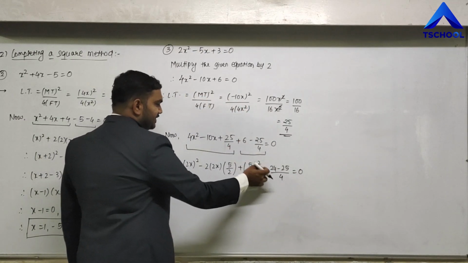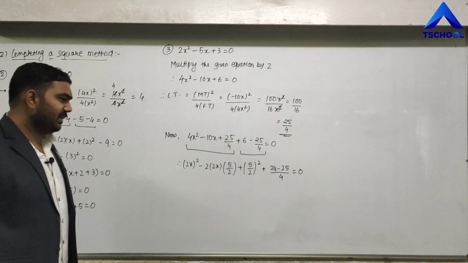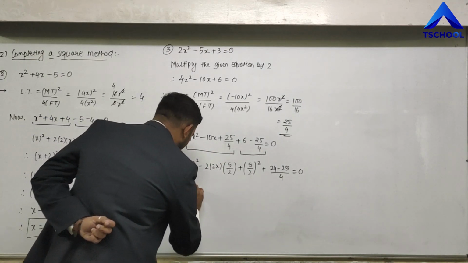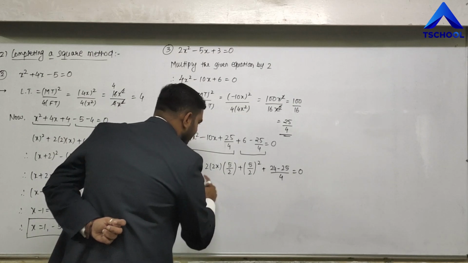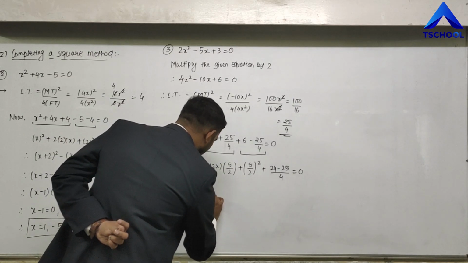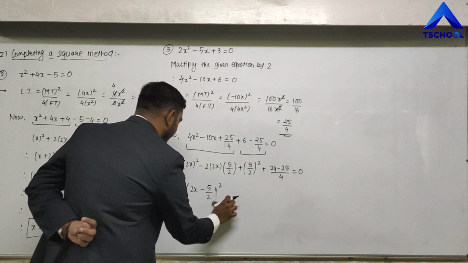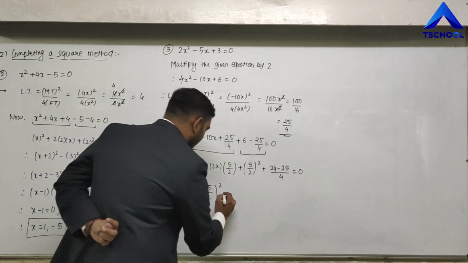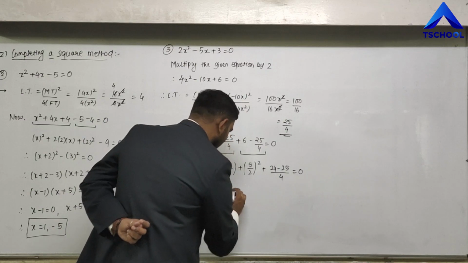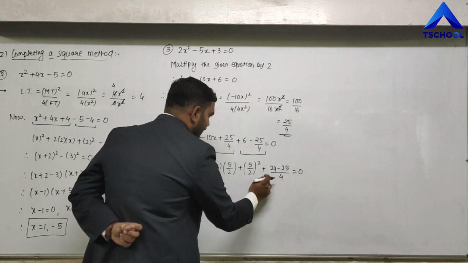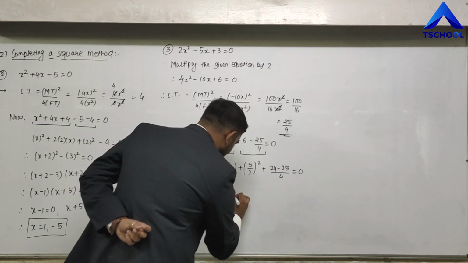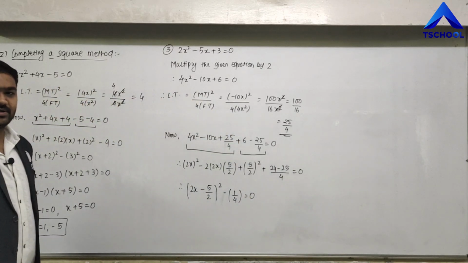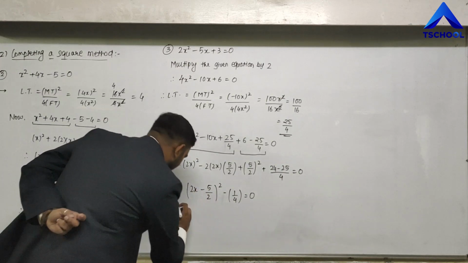So this 4 into 6 is 24 minus 25, all divided by 4. I have taken the LCM over there. Therefore, that becomes 2x minus 5 by 2 whole square, plus, sorry, not plus, this will become 24 minus 25, that is minus 1 by 4 is equal to 0.